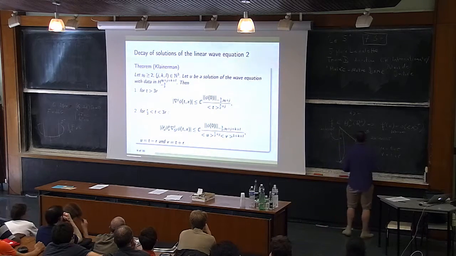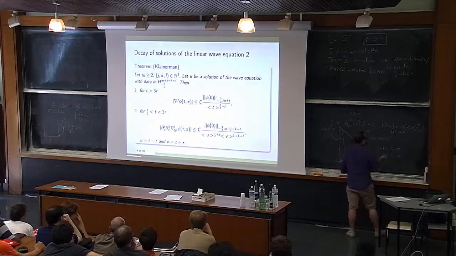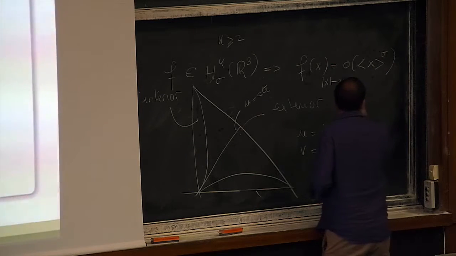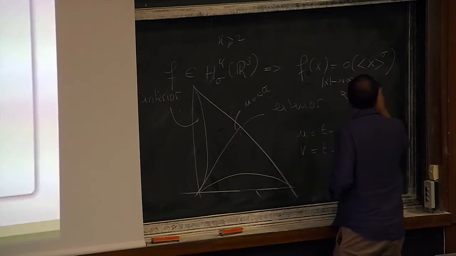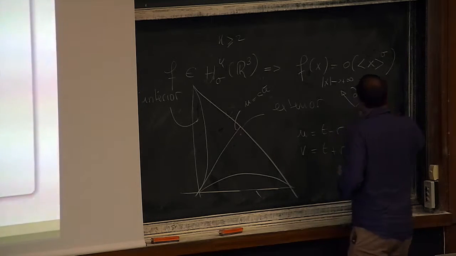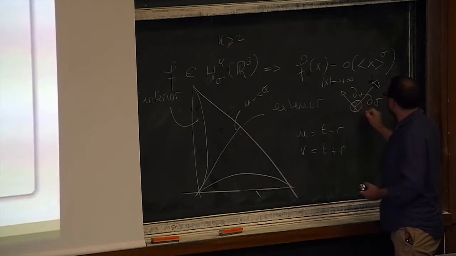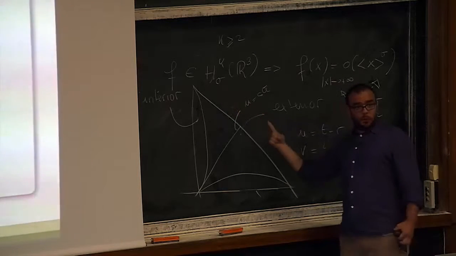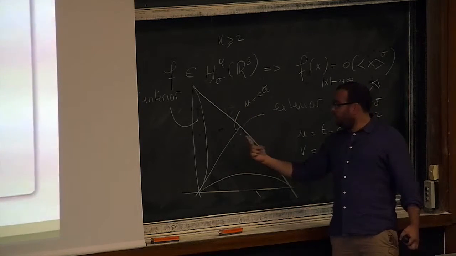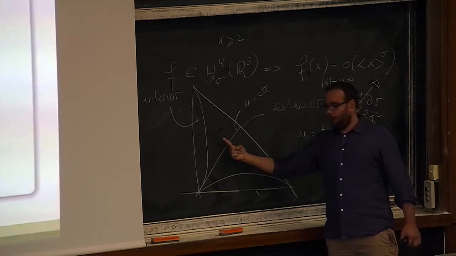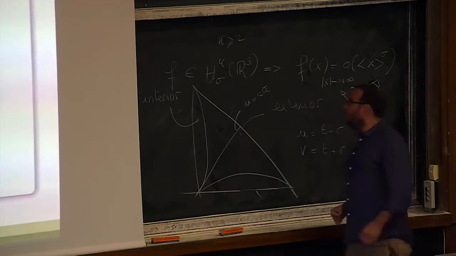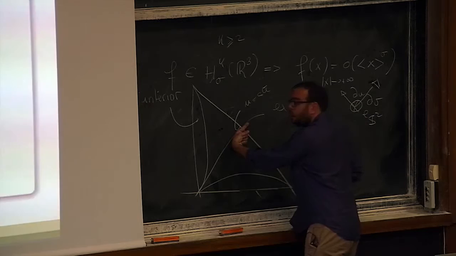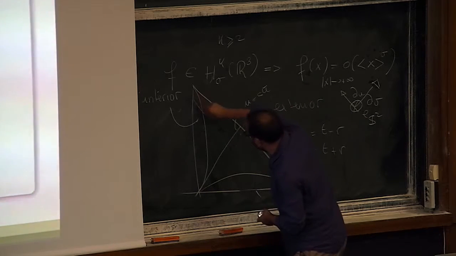To understand this, we have to make a distinction between the derivatives you're taking. You have two kinds of derivatives. You have the derivative du and the derivative dv, and two derivatives which correspond to the angular derivatives. So du is like this. It's tangent to scri plus and transverse to the u equal constant. dv is tangent to u equal constant and transverse to the surfaces v equal constant, which are like this.